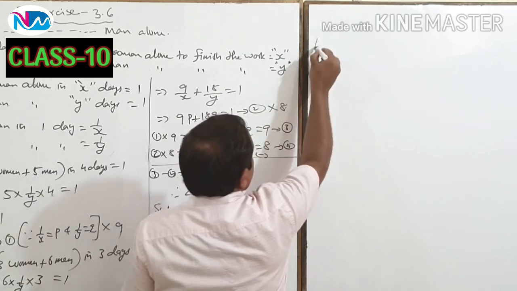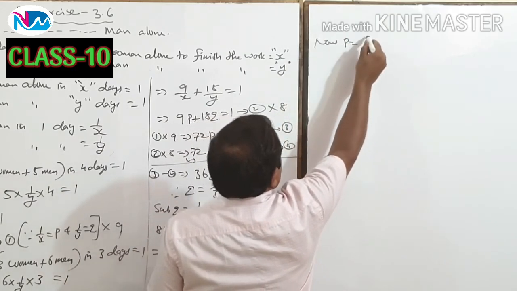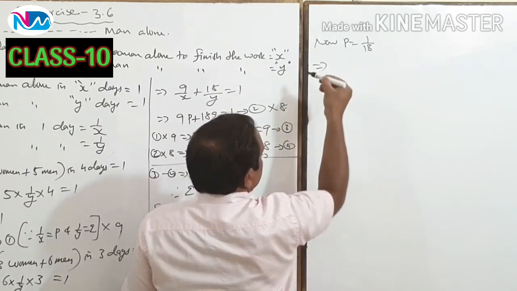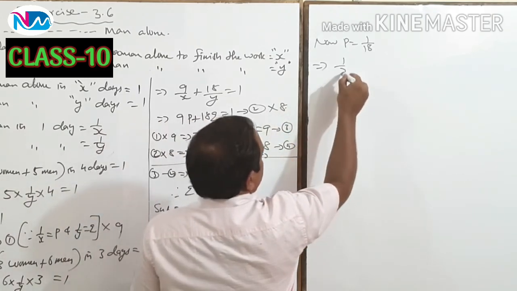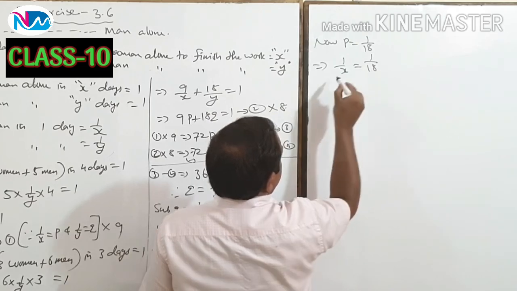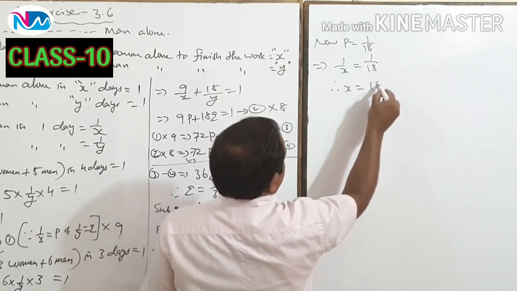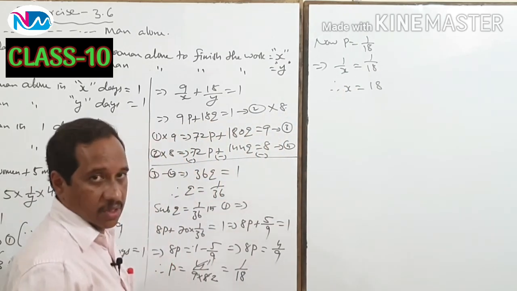Now we know that p is substituted for 1 by x. So 1 by x is equal to 1 by 18. Therefore x is equal to 18, taking the reciprocal.